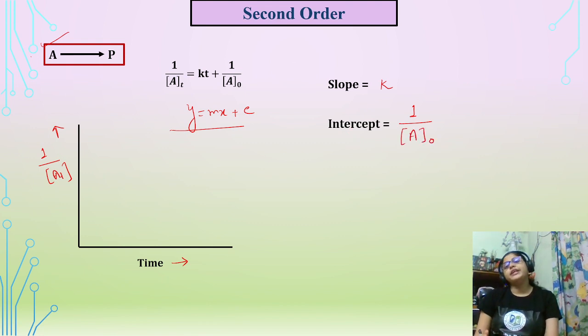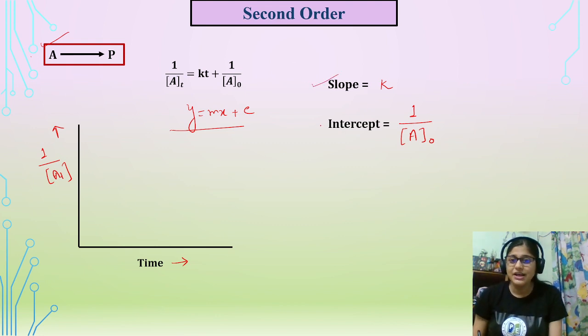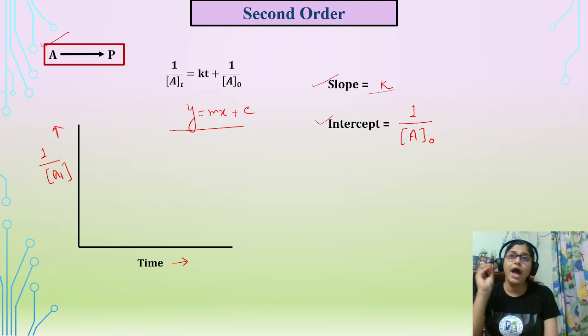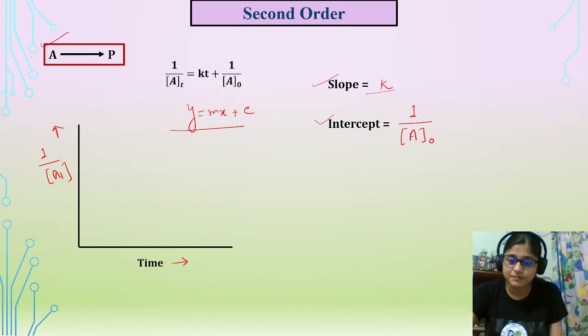So if any question says it is a second order reaction, and the slope and intercept are given, and you are asked to calculate the rate constant value or the initial concentration of the reactant, see how easy this is. With the slope and intercept value, we can easily know the value of these two. This you have to keep in mind.